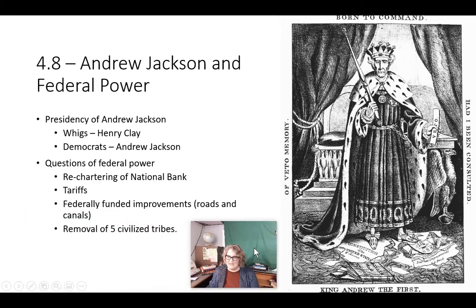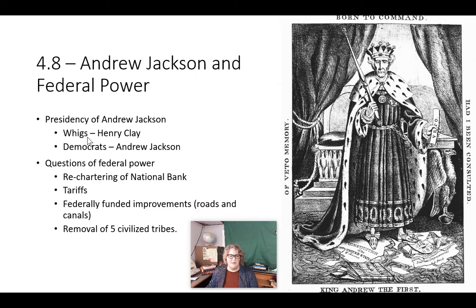So when we're looking at Andrew Jackson in topic 4.8, he was an interesting president. He was considered the president of the common man because he was so powerful or popular with these new voters. And we will see during his presidency very contentious fighting between the political parties.